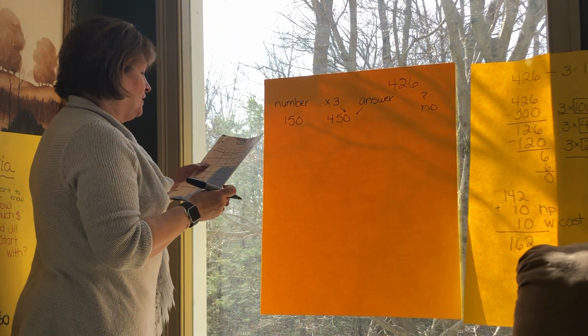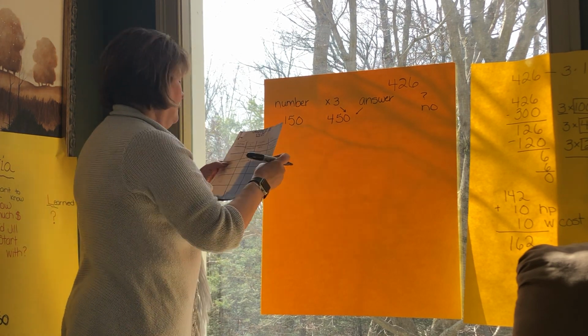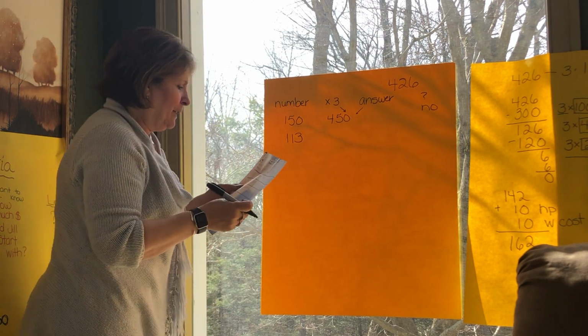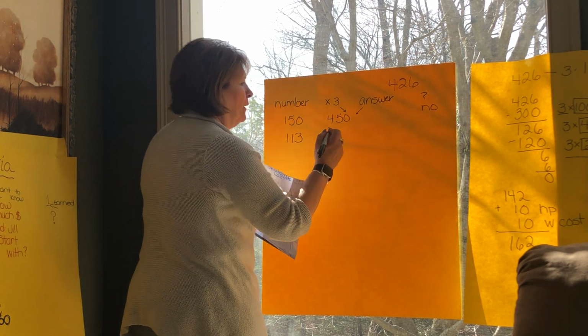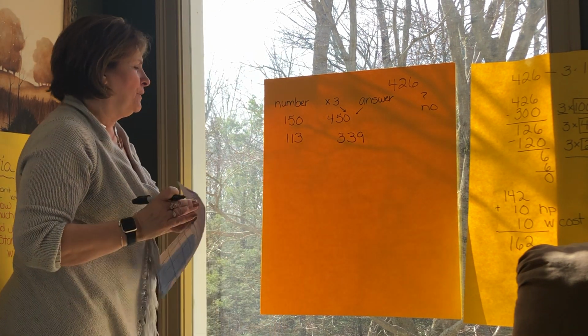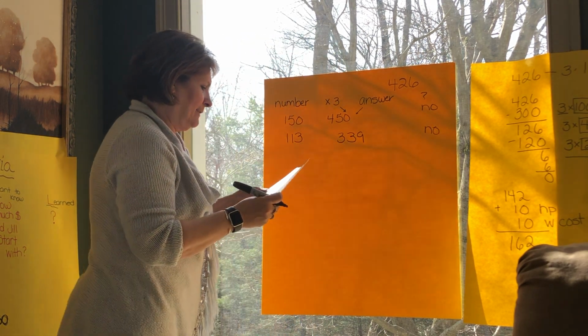Okay, and then she said, okay, because that's too high, let me go lower. She tried 113, and she said 113 would give us 339, and that's not 426, so that wasn't right.